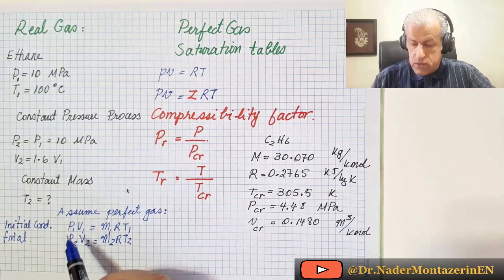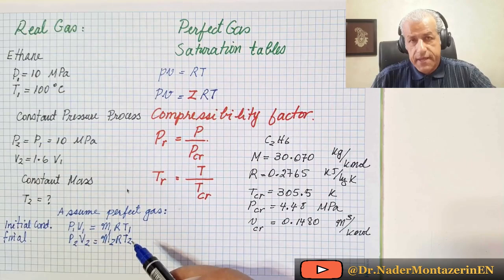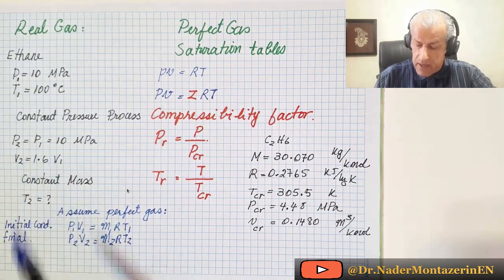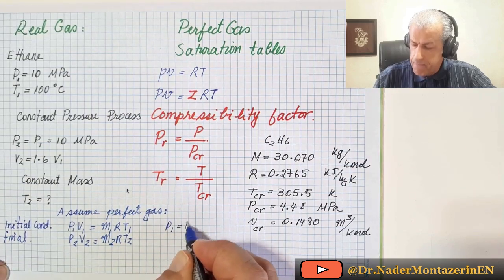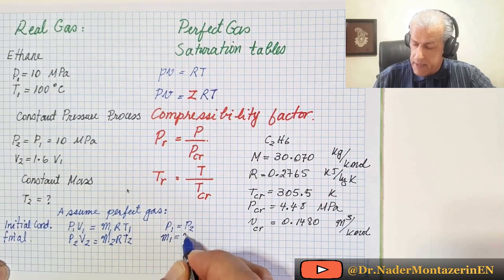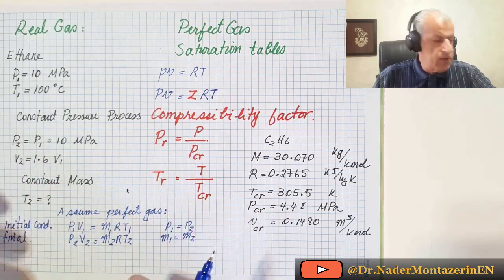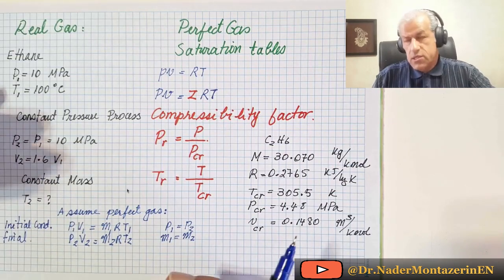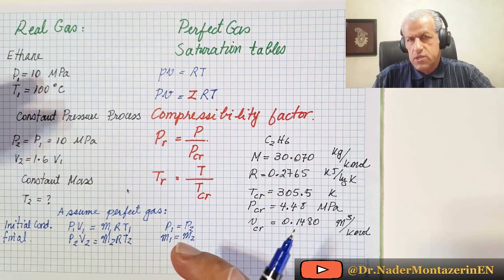What does this do? It relates just two specific properties to a third. Between the initial and final conditions, P1 equals P2 and M1 equals M2, which we assume not to change. I'm just working on properties here.